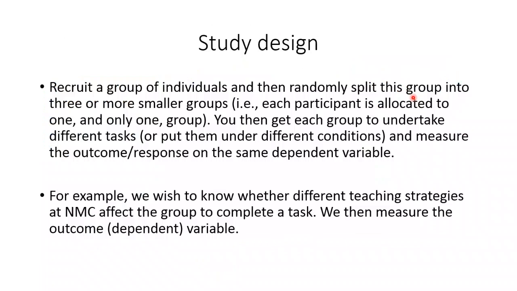Study design. Recruit a group of individuals and then randomly split this group into 3 or more smaller groups. That is, each participant is allocated to one and only one group. If we take the NMC students and take 3 or 4 groups, say first year is group 1, second year is group 2, and so on.